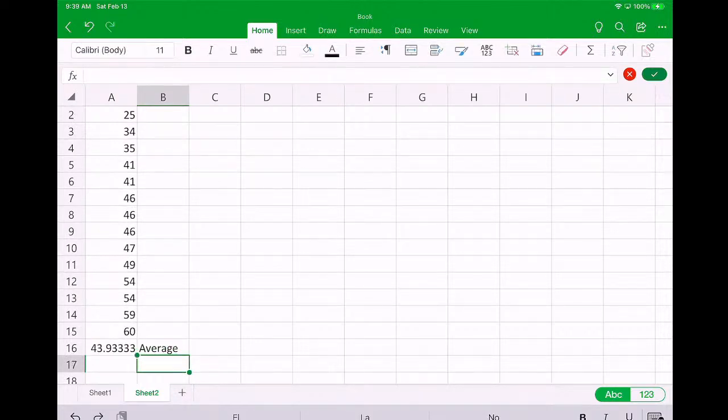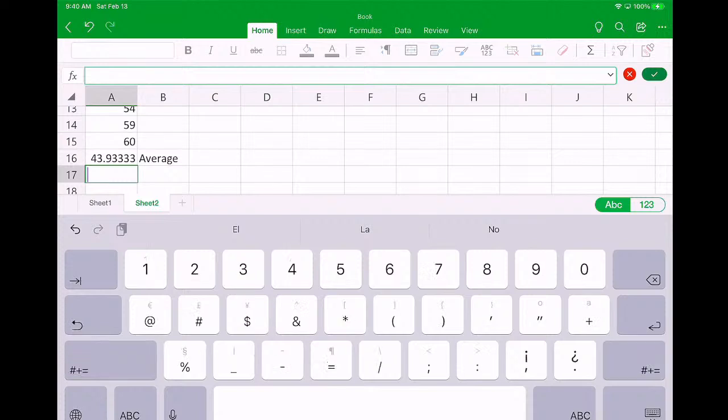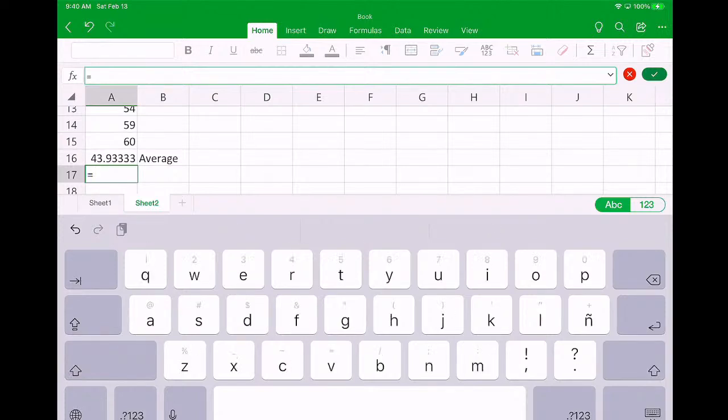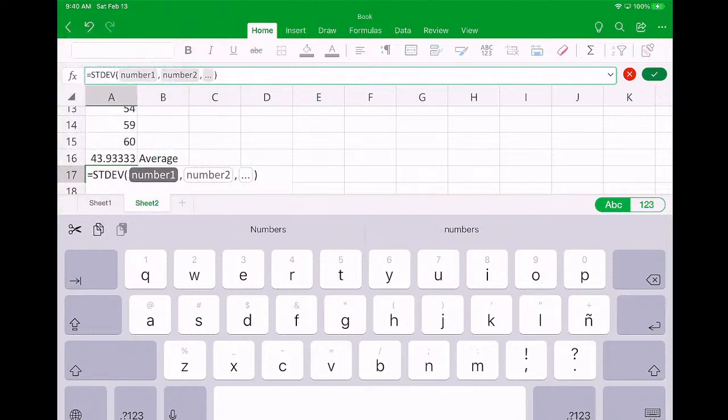Now for the standard deviation, we're going to say equals, and you want the sample standard deviation. So I think it's just going to be this one. But let me check. I'm saying think because there's two, and I usually use this one. But there's also that one with .s.